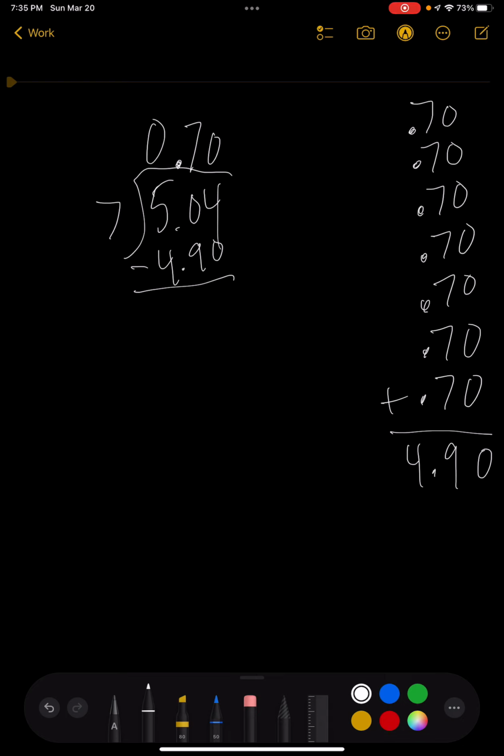How do you know? Just keep adding. What's 2 of them? 70 cents and 70 cents. Think about it. I'm thinking about money again because it helps me a lot. You don't have to think of it like money because this is 7/10.